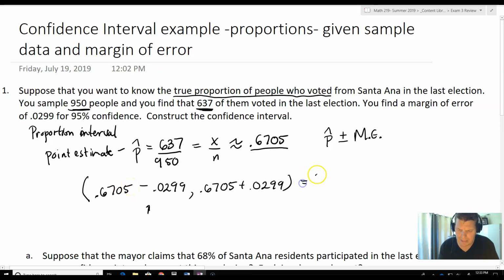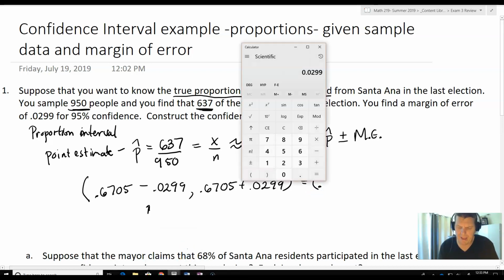And so this is then going to equal, okay, let's get our calculator out. And you have access to a calculator, so you can do this, 0.6705 minus 0.0299. Okay, so that's 0.6406.